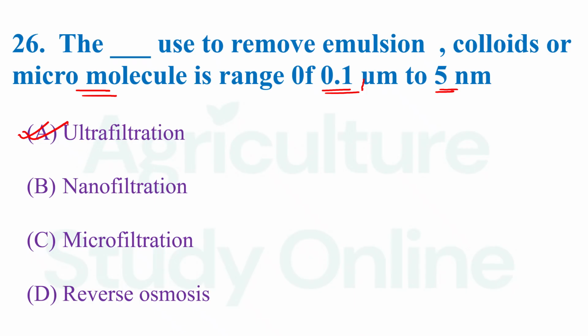Whereas nanofiltration, the size range is around 1 nanometer, so it removes small organics or multivalent ions.